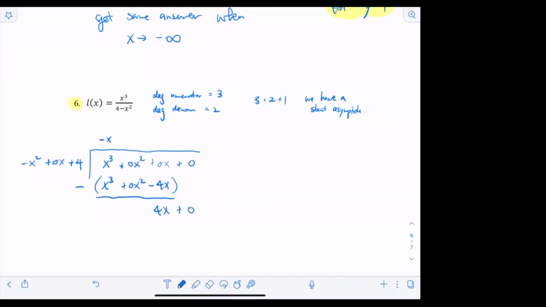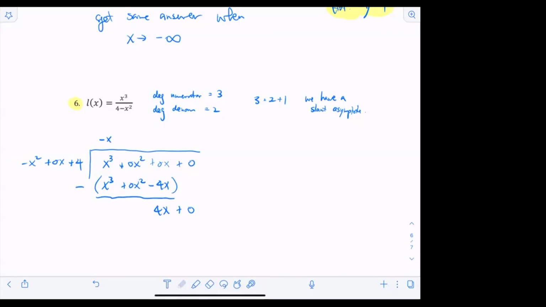So I get 4x plus 0 here. Can I divide again or not? Well, in this case, I cannot. And why can I not divide again? The reason why is because the degree of this is less than the degree of this.